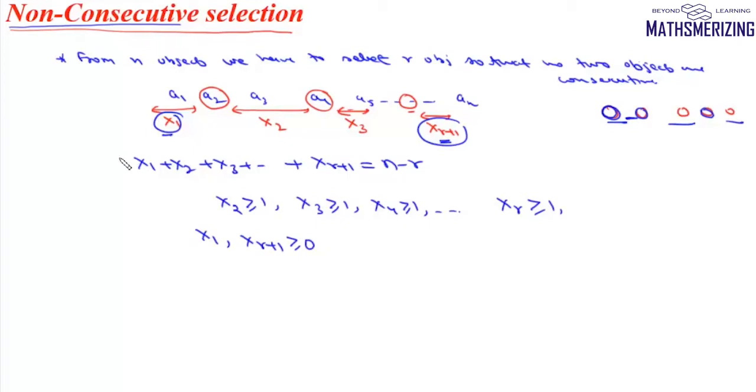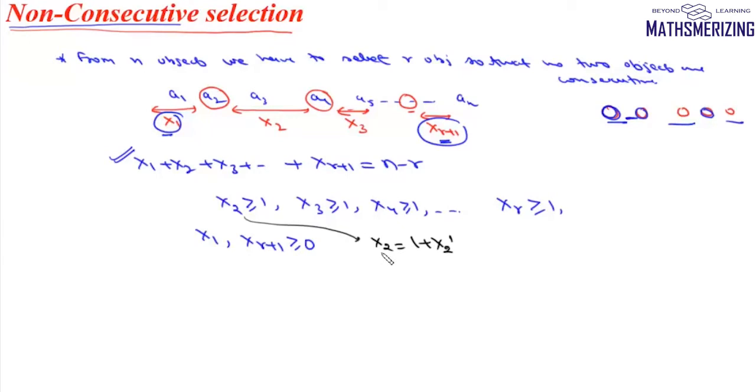So we'll need to find the total number of solutions of this linear equation x1 plus x2 plus x3 plus xr plus x r plus 1 equals n minus r, such that x1 and x r plus 1 should be 0 or greater than 0 and all other variables should be 1 or greater than 1. So in order to achieve some symmetry in this problem, we'll change all these variables x2, x3 and xr. We'll write x2 as 1 plus x2 dash.